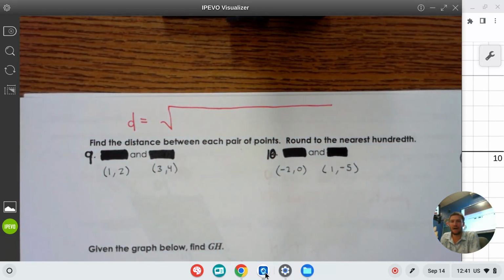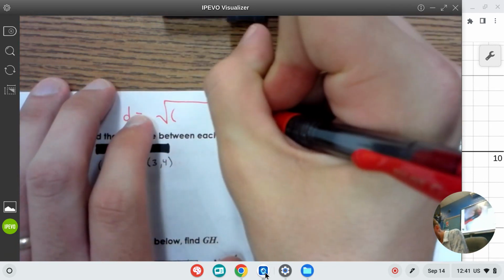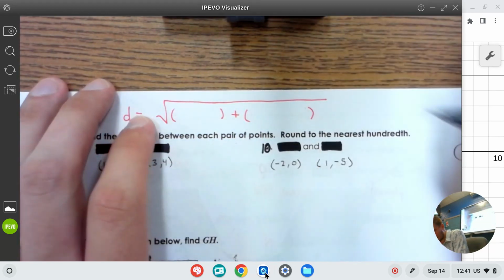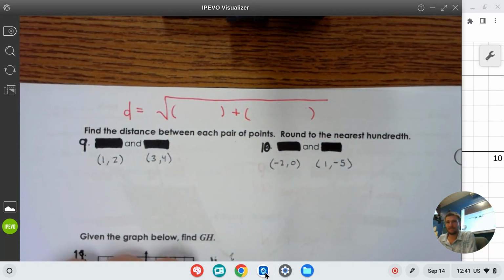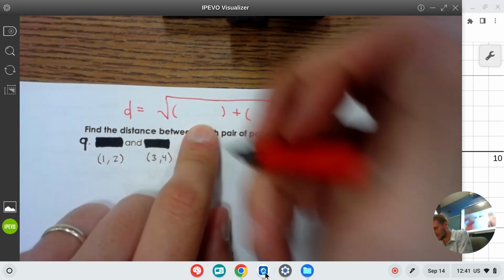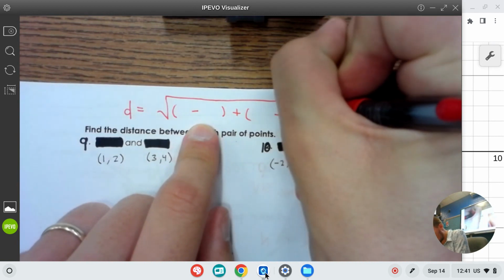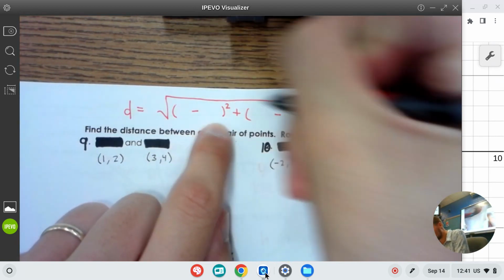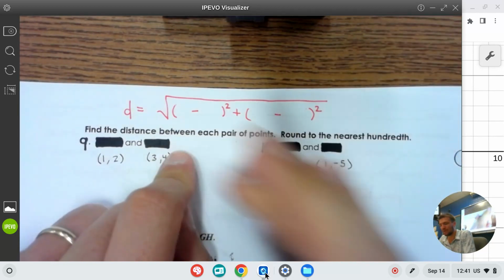I always go a little bit further than I think. Parentheses plus parentheses. Those parentheses have something inside them, minus signs, and there's one more thing we forgot, which is the squares on both parentheses.